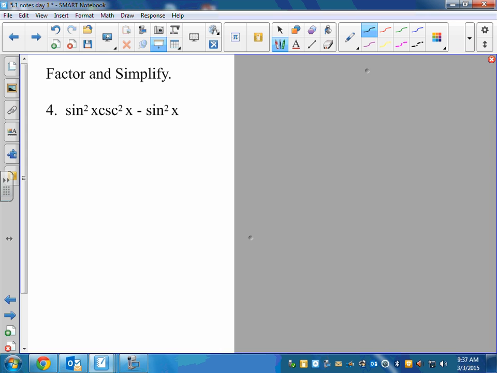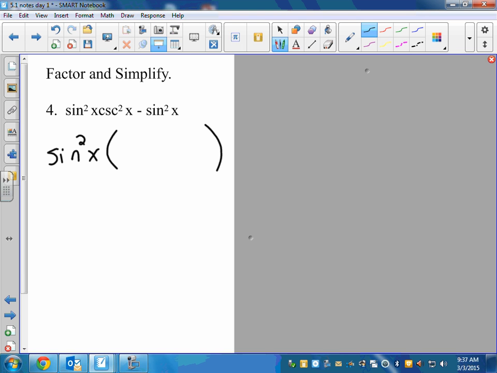So it says factor first. They're telling you to look at that, and you don't necessarily have to factor first on this, but we're going to. What could I factor out of both of those terms? There is a sine squared in both of them. So just like you can take a 4 out of both terms, or you can take an x squared out of both terms, I can take a sine squared out and write what's left over, like undoing the distributive property.